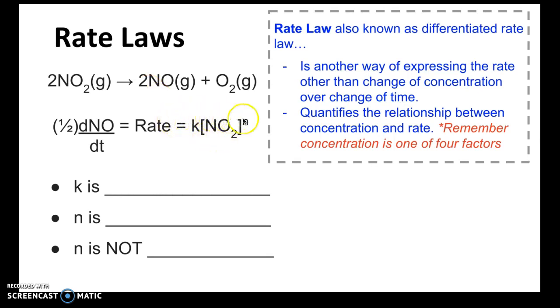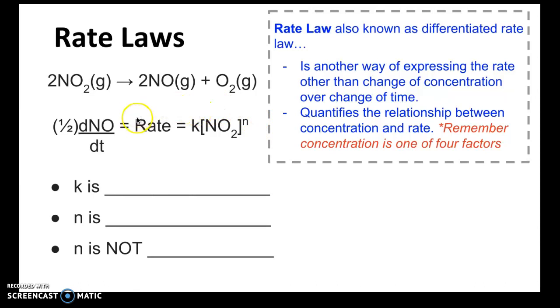And this is another way of expressing the rate other than the change in concentration over time. In part one, we saw the rate is the change in concentration over time, but we can also use this rate law expression to express the rate. So both of these are equal to the rate, and it quantifies the relationship between the concentration and rate. You may not remember, but in part one, we looked at the very first rate curve and saw that the red tangent line was different from the blue tangent line, and that's because the rate changes over time.